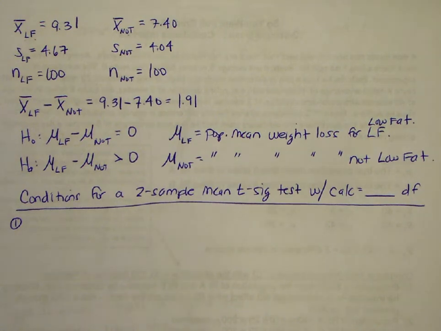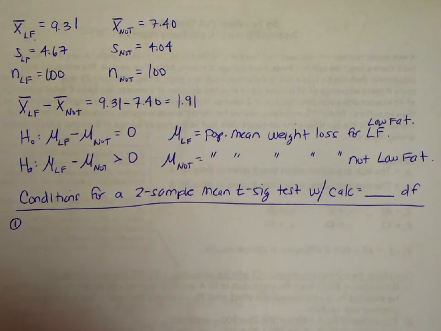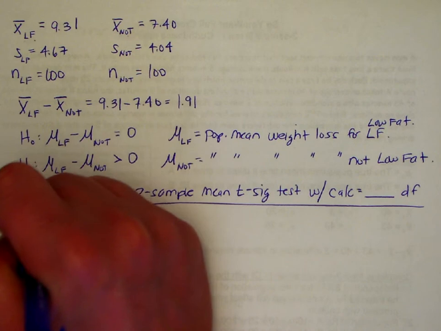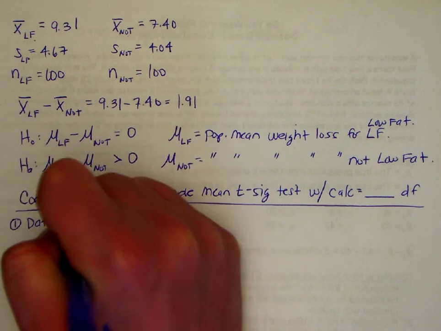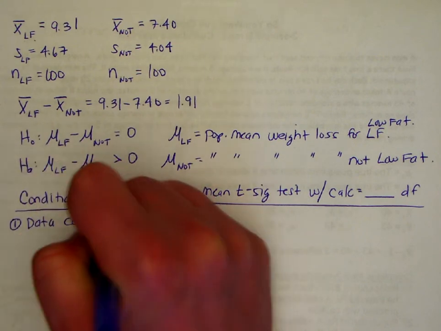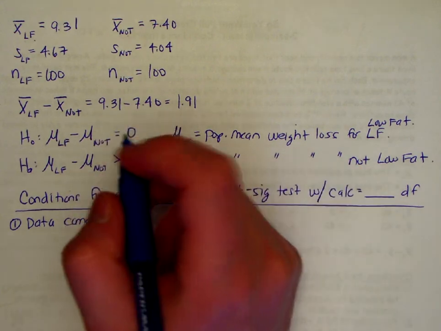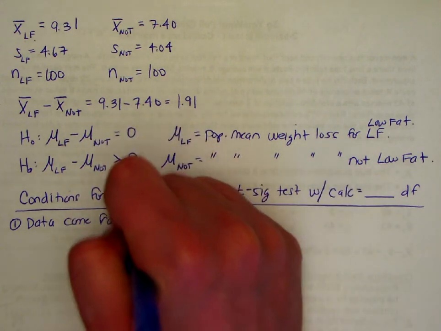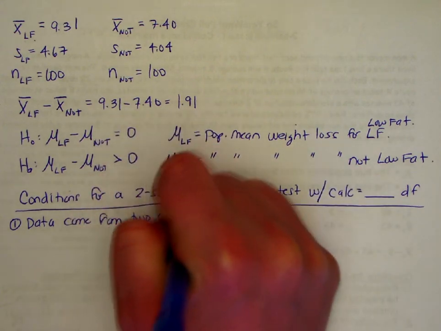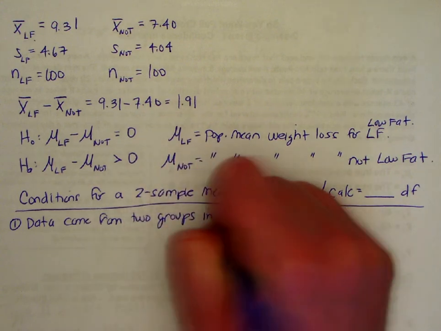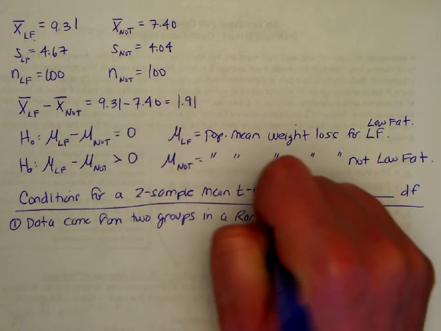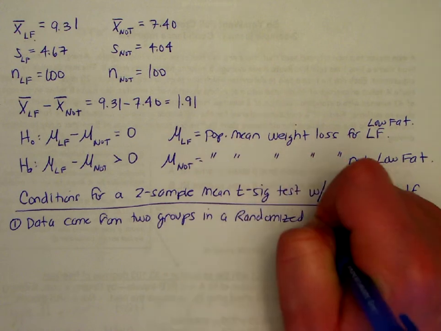So what we're going to do is we're going to say the data come from two groups in a randomized experiment.